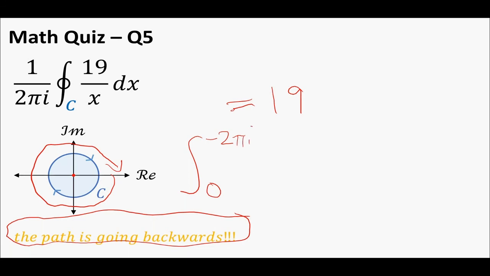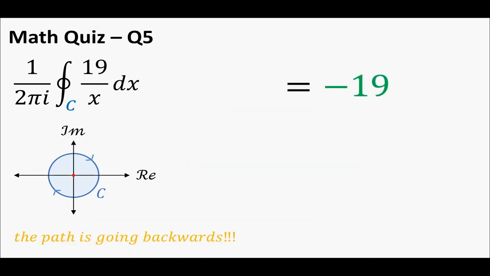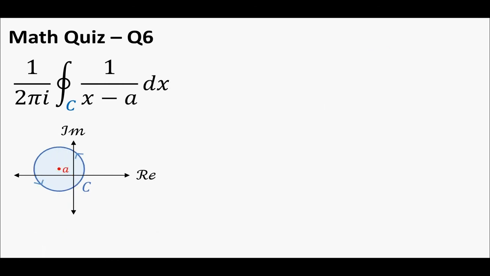So you're going clockwise this time. And when you work it all out, you'll find that the answer isn't 19. It is actually equal to negative 19. Let's see if I'm right. Yes. Okay, we're doing good.